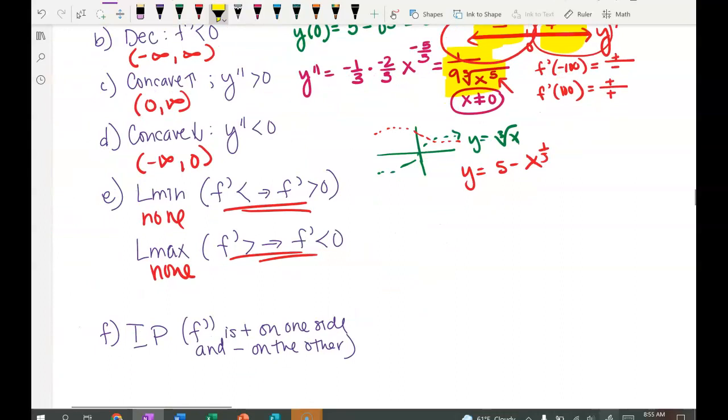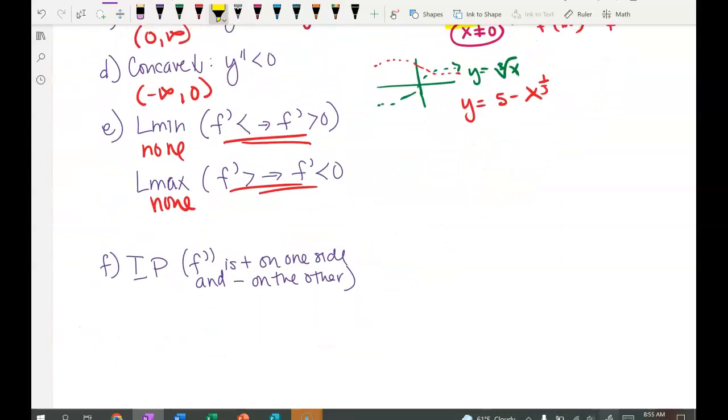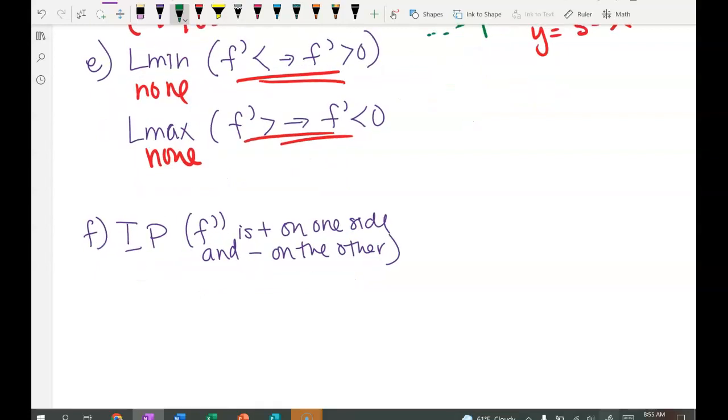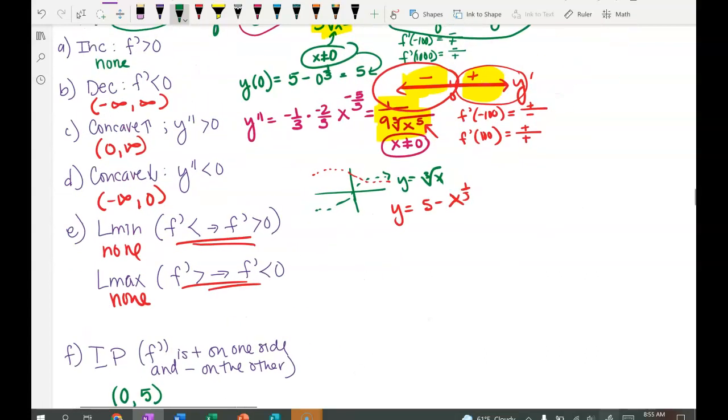So we have an inflection point, even though the first and second derivatives do not exist at x equals 0, because it does exist in the original, we still have an inflection point. The inflection point is at x equals 0. Plug into the original, and we get (0, 5), because we did it right here, and that's the end of example 4b.